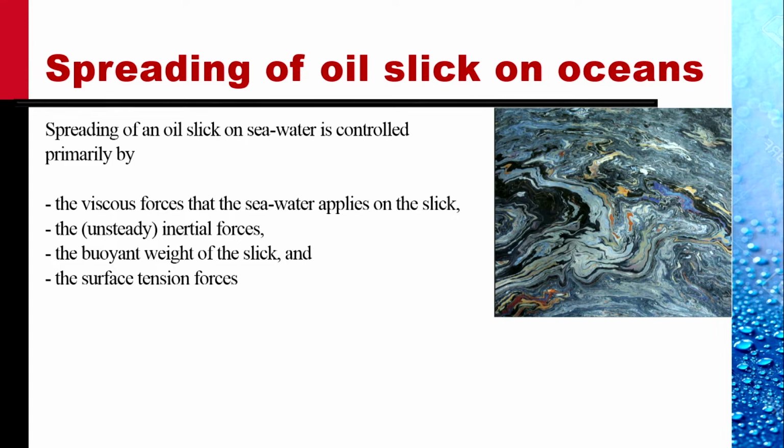This spreading of oil on seawater is controlled primarily by the viscous forces that the seawater applies on the slick, the unsteady inertial forces in the oil, the buoyant weight of the slick, that is its own weight minus the buoyancy, and the surface tension forces.